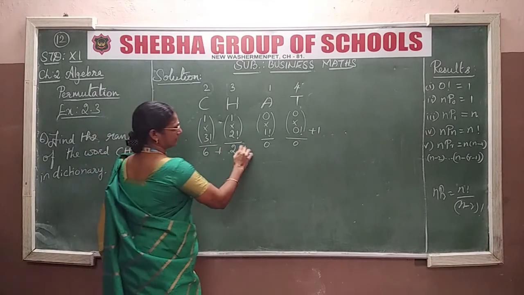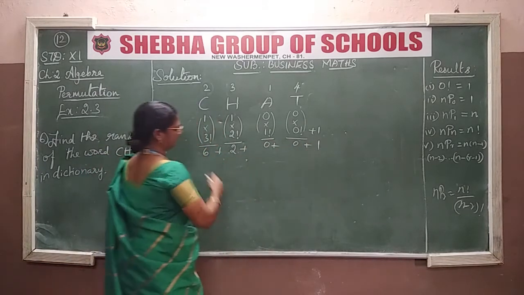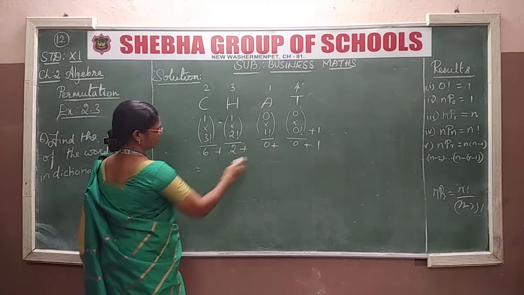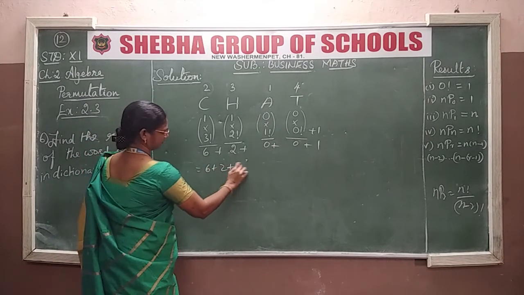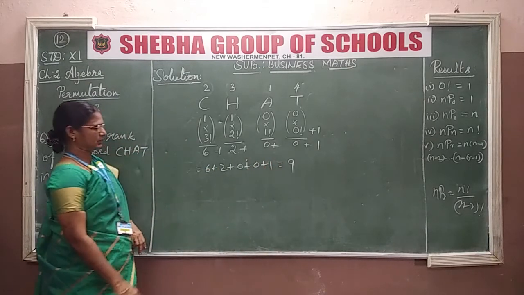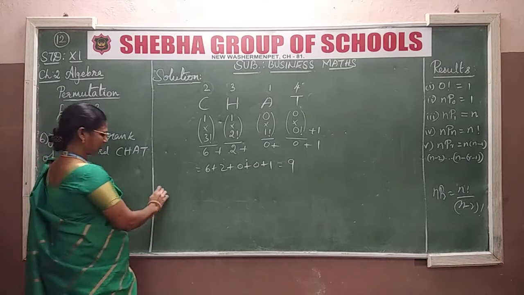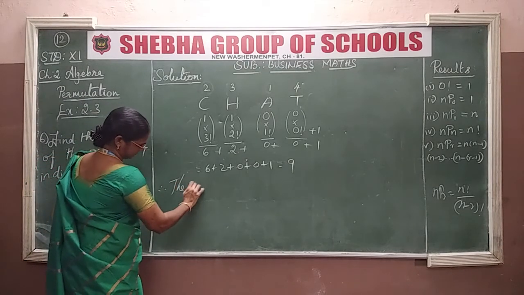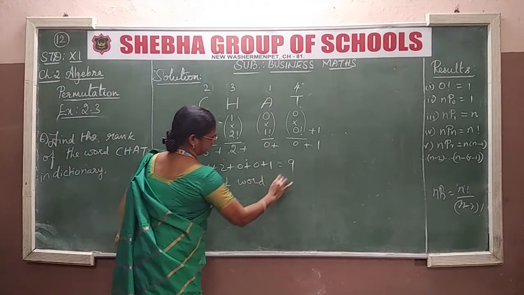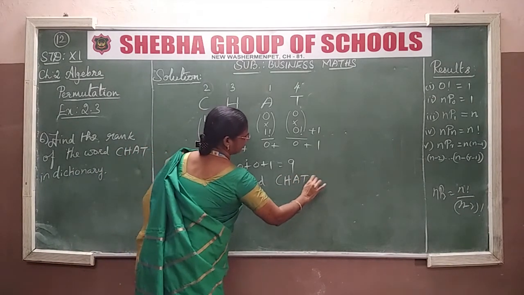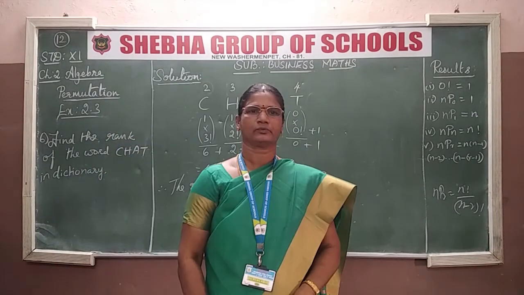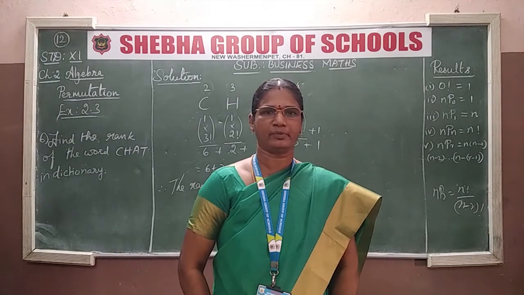Now adding all these numbers, we get 6 plus 2 plus 1 equal to 9. Therefore, the rank of the word CHAT is equal to 9. Understood? Okay, do the homework and send it by 5 p.m. Thank you, students.